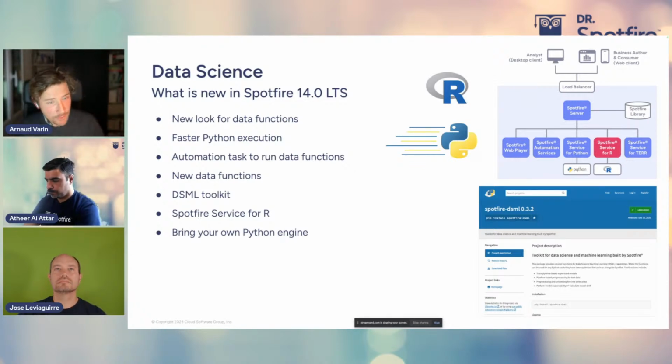And Spotfire service for R enables the execution of data functions developed using the open source R programming language. It means that you can now take advantage of more algorithms available. There is a very vast universe of R packages for statistics and machine learning that you can now use in Spotfire.